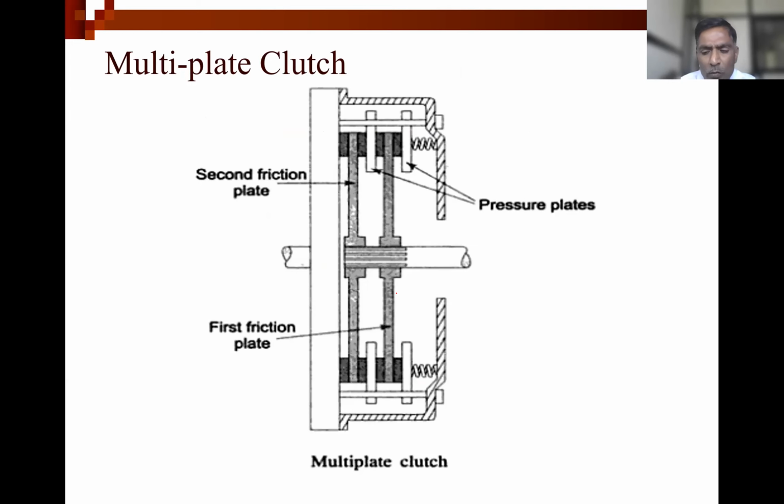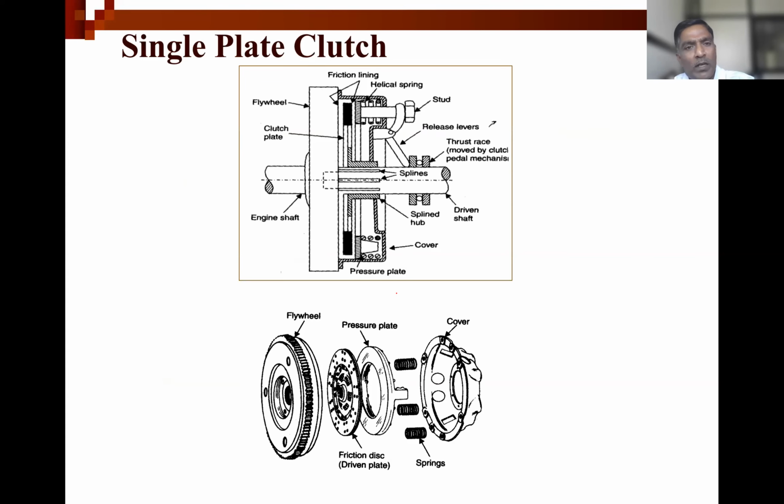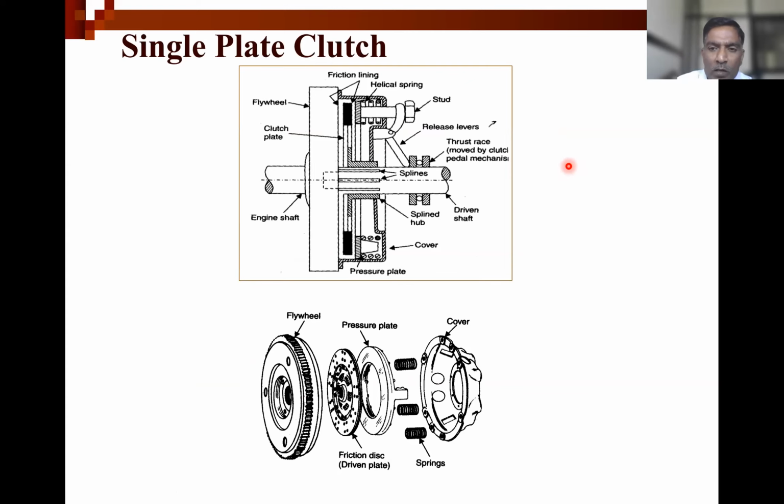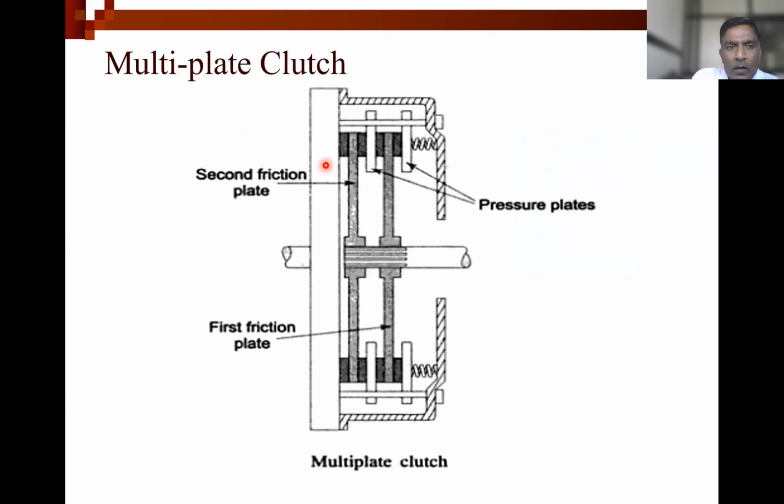Okay. So previously we have seen this is the single plate clutch. Now suppose this is designed to transmit 100 Newton meter torque. And now with the same size, we can have a multi-plate clutch which can transmit torque more than 100 Newton meter. So this will increase the contact between frictional surfaces.